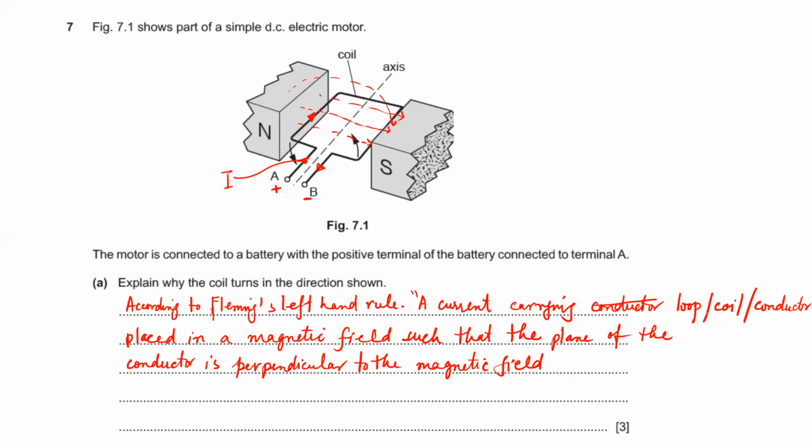So a current carrying conductor loop slash coil is placed in a magnetic field such that the plane of the conductor is perpendicular to the magnetic field, comma, it experiences a resultant force.